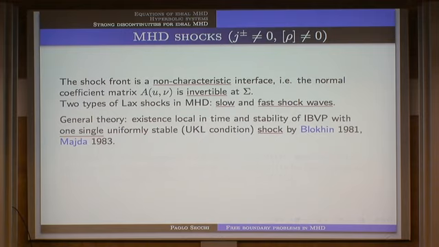So we have a general theory for shocks, also for general systems, which gives the existence of local in time solutions and the stability of initial boundary value problems with one single uniformly stable shock, which goes back to Blokhin, but in a more general form to Majda.